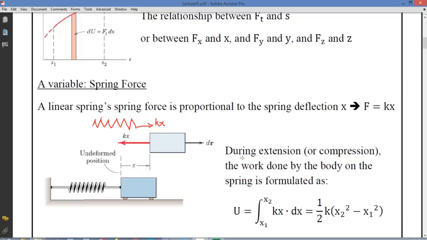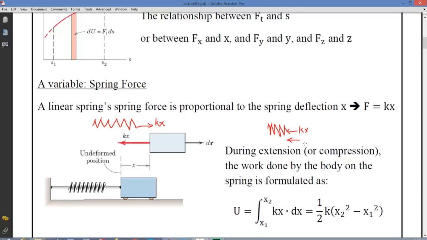So that's why we say during extension or compression, compression would be the same thing if the spring is compressed. Let me just try to do a compressed spring here. Now during the compression, the spring will experience a force in this direction, and the amount of force would be again kx, but the spring would also be moving to the left during the compression.